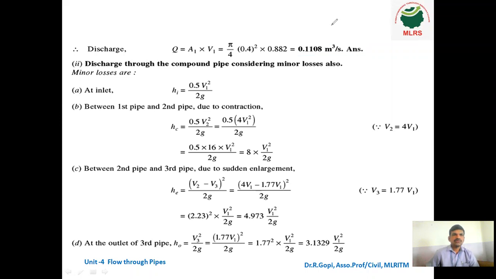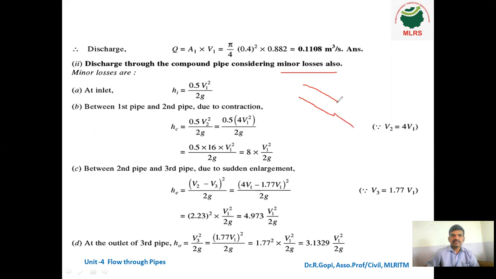Now, discharge through the compound pipe considering minor losses also. So now I am considering minor losses also. Minor loss at inlet: hi is equal to 0.5 V1 square divided by 2g. We know the formula. There are 3 pipes, so I draw the diagram.